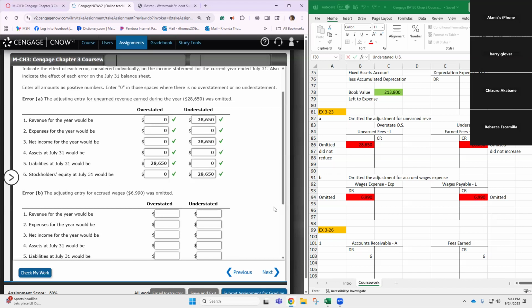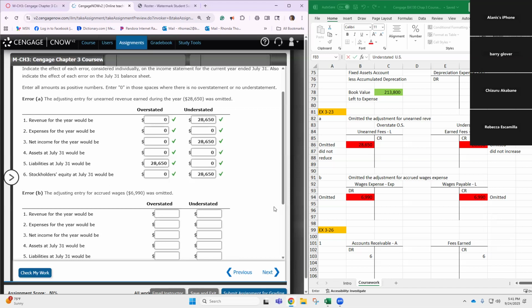This is going to be on the balance sheet, and this is going to be on the income statement, but be careful. I'm going to draw it again: revenues minus expenses equals net income. If expenses are understated, guess what net income is? Overstated. Very good.